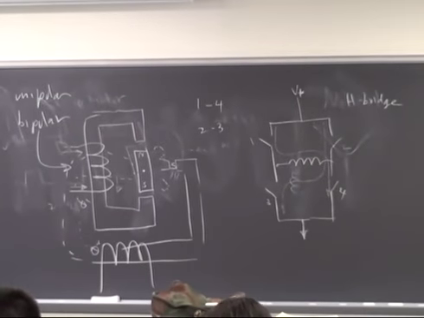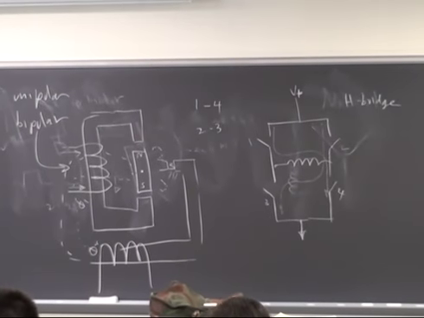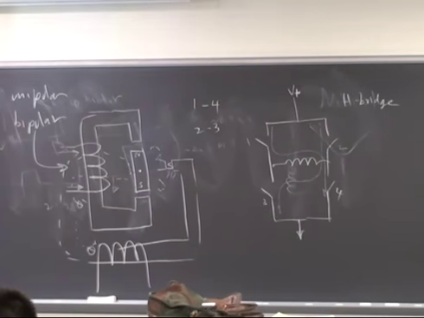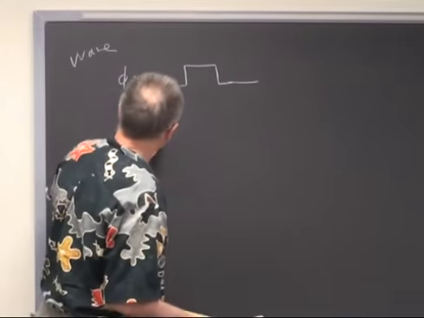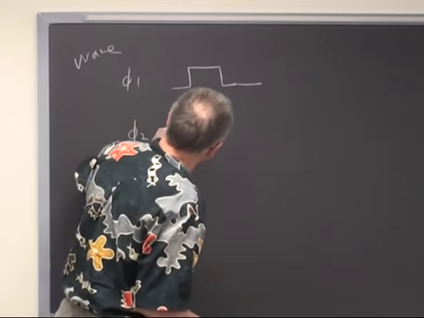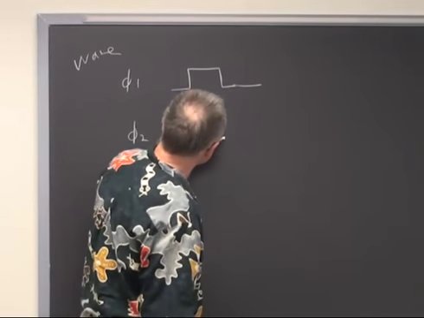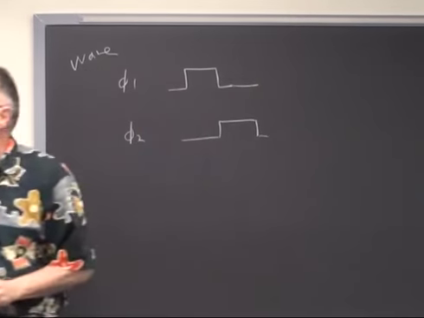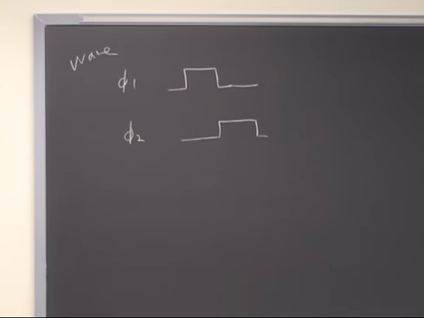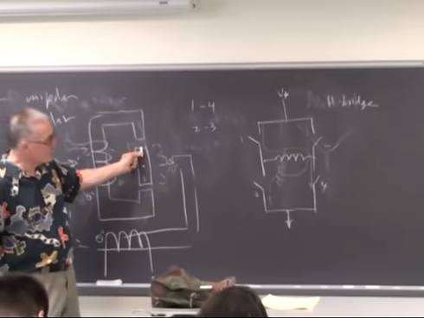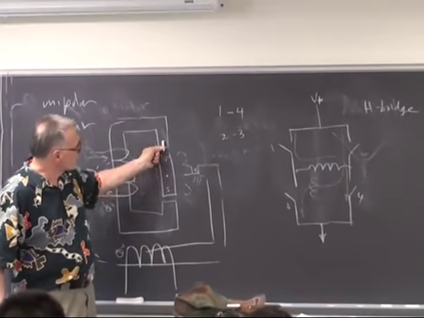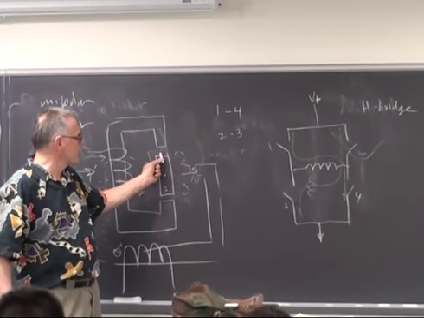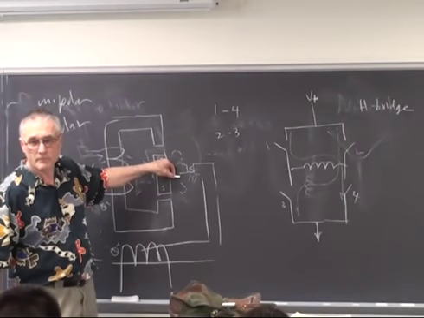We could have something that looks like this, where we put some current through phase 1, and then we bring it back to 0, and then a little while later we put some current through phase 2 to bring the armature around. In this case, we're going to have the magnet held here, the permanent magnet armature held here. We're going to turn this coil off, we're going to turn this coil on. This is going to go snap to this position.